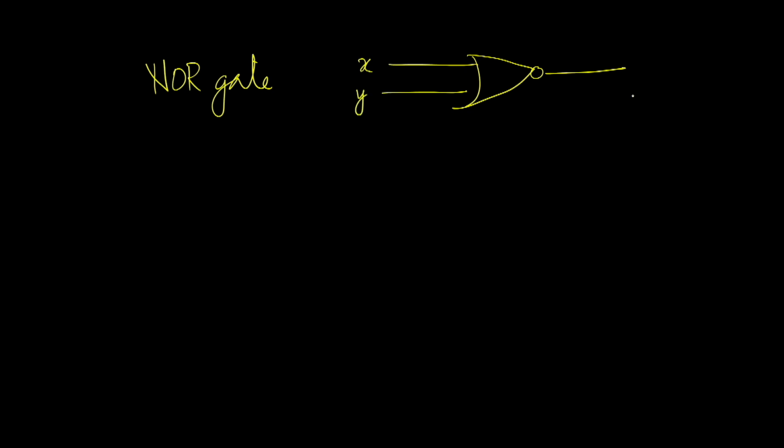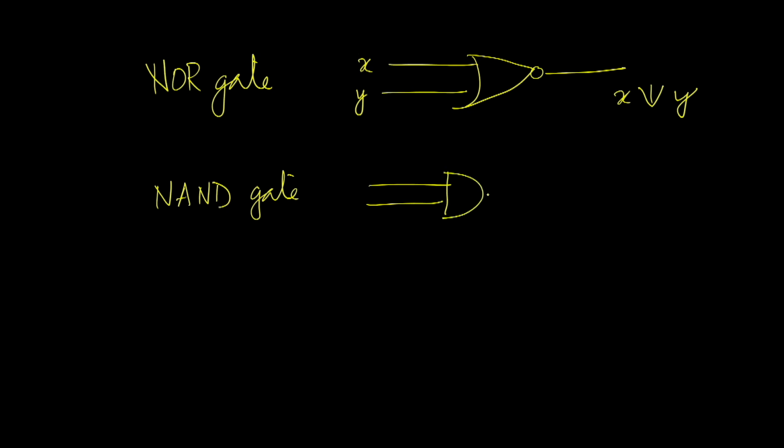A NOR gate, which is a negation of OR, is drawn in this manner. x and y are the inputs. The output is x NOR y. A NAND gate is an AND gate followed by a negation.